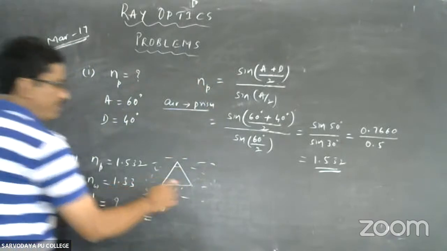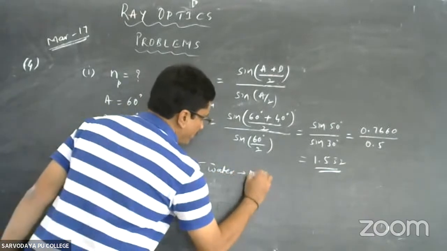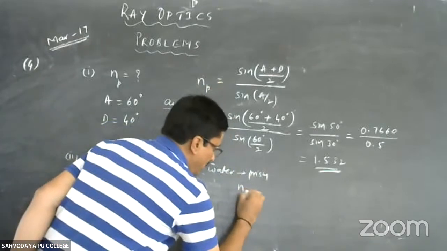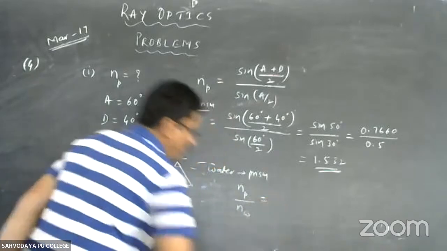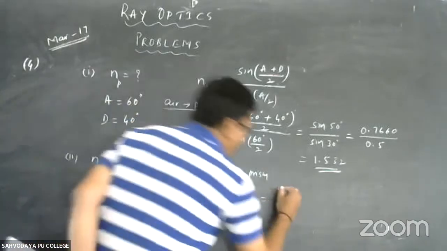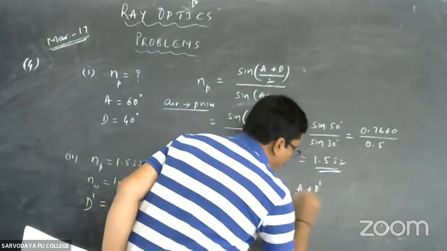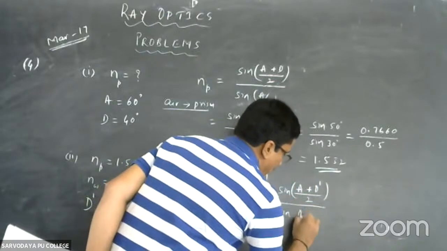But here it is traveling from water to prism. Therefore, in this case, you have to consider the refractive index of the material of the prism by the refractive index of water. This has to be equal to sin (A plus the new angle of deviation D dash by 2) by sin (A by 2).